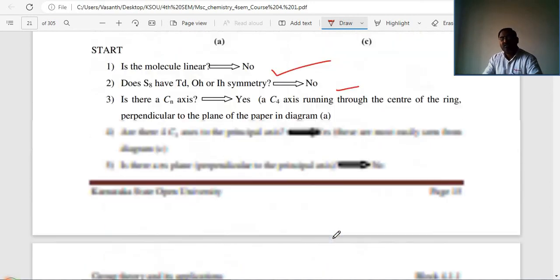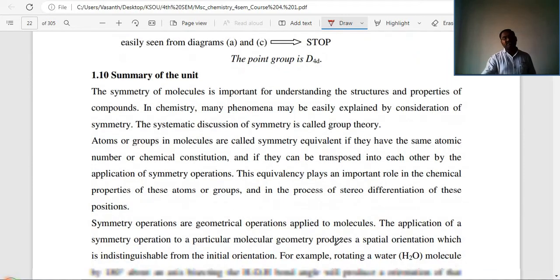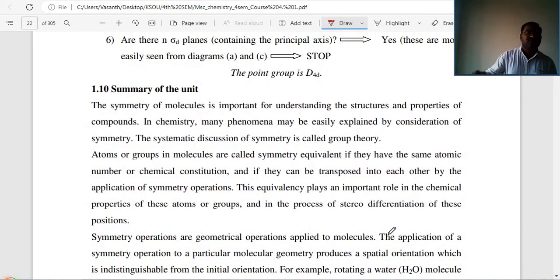Now I am going to summarize this unit. From these topics, group theory or the symmetry of molecules is important for understanding the structures and properties of compounds. In chemistry, many phenomena can be classified and explained on considerations of symmetry.